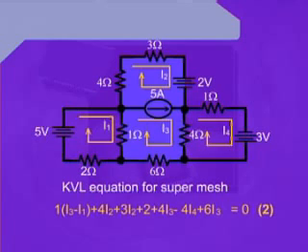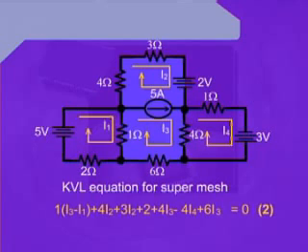Further passing from the 4 ohm resistance, we reach the 3 ohm resistance, and also we have only one current passing through this resistance, hence we can write 3I2. As we proceed, we can also see there is an independent voltage source, and the positive terminal of this independent voltage source is towards us.